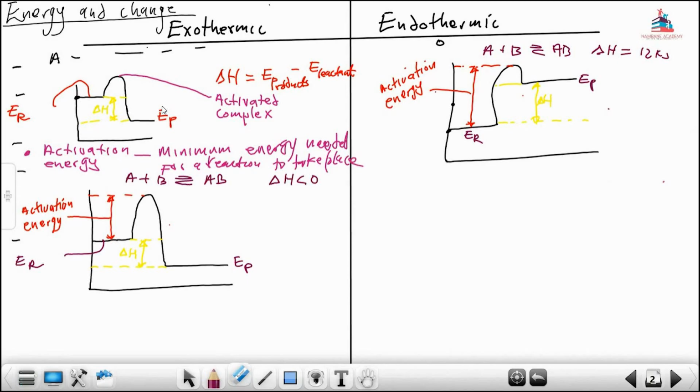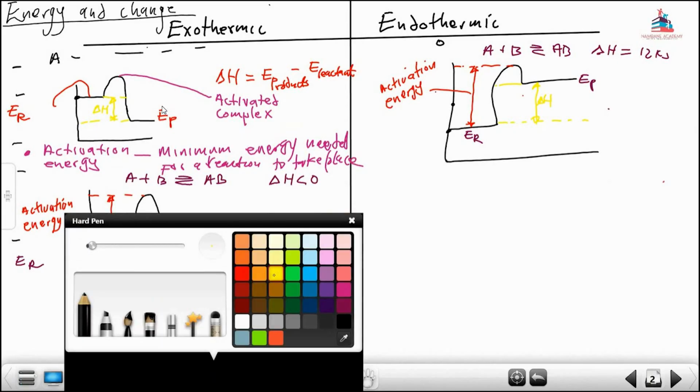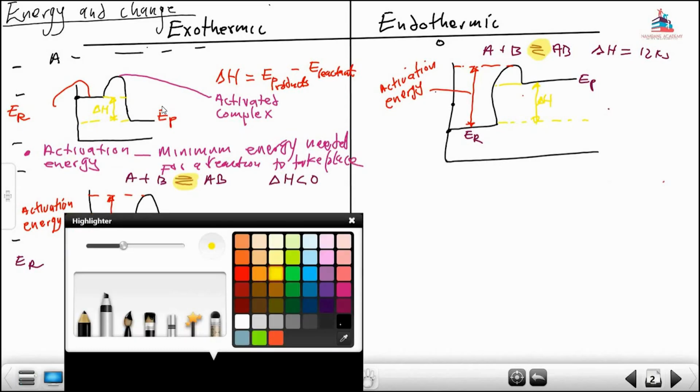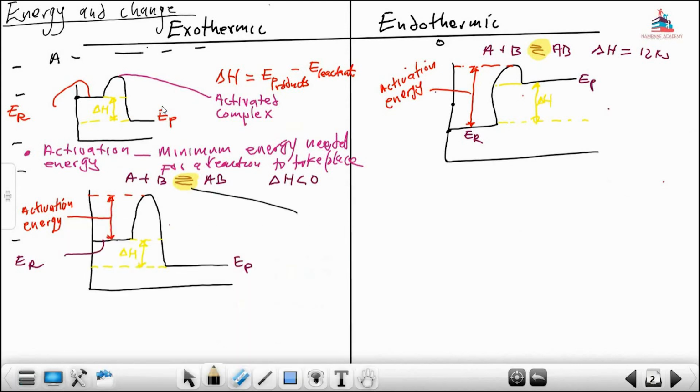But what possible questions can come from this? One. When you see a double arrow, it says you have 2 reactions taking place. So these 2 reactions that are taking place here, it's your exo and now endo.